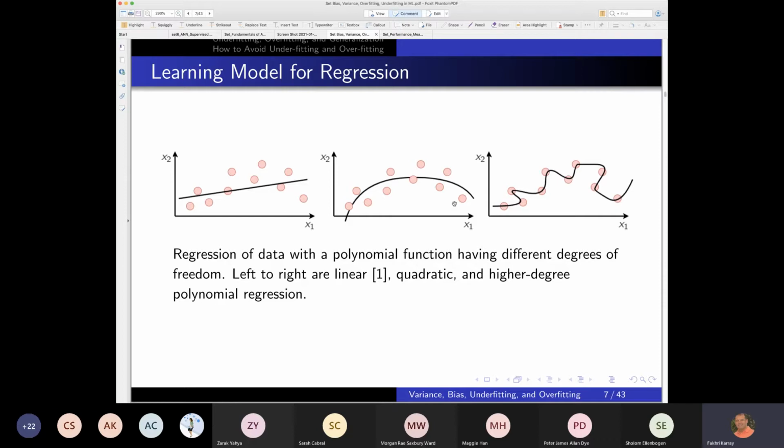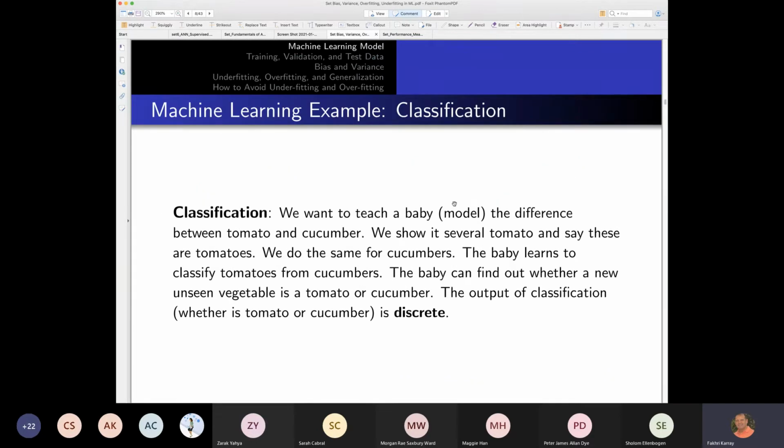We are going to see the meaning of these various connotations, very important connotations that we need to understand and remember. So, classification. What we would like to do here is teach a model, for instance, the difference between a tomato and a cucumber.